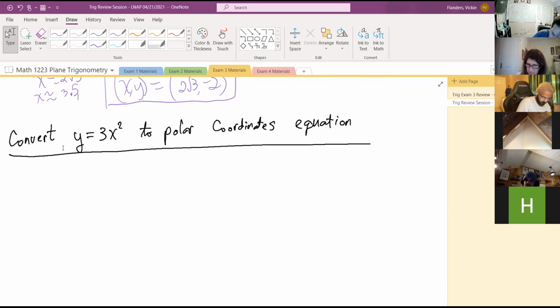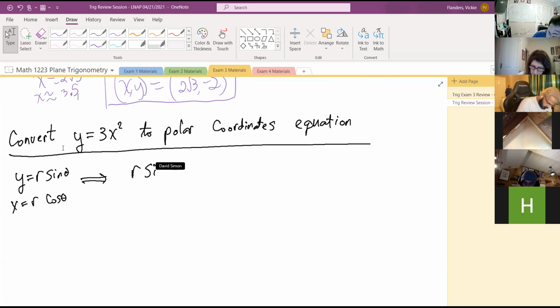Yeah. So remember, y is r sine theta, and x is r cosine theta in our system there. So if I use both of those, I'll have r sine theta is equal to 3r squared cosine squared theta. Because x is squared, I'm just going to square the r and the cosine by distributing the exponent.